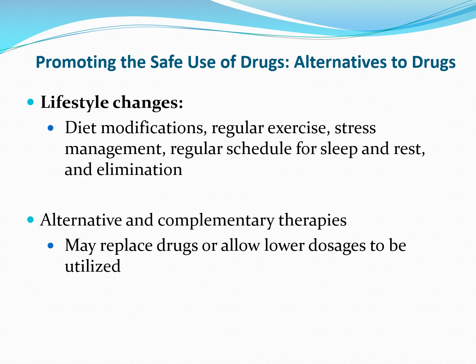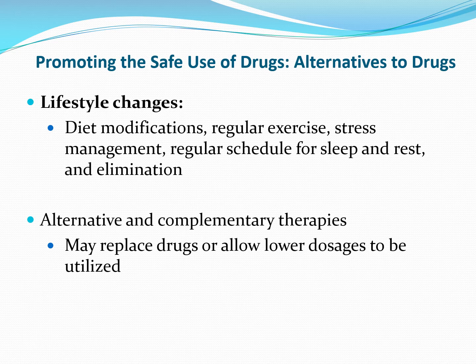Now, when we talk about safe medication use, we also need to talk about alternatives to drugs. For example, lifestyle changes. A modification in diet is very important, for example, to prevent constipation instead of continuing use of laxatives. Regular exercise is also important.